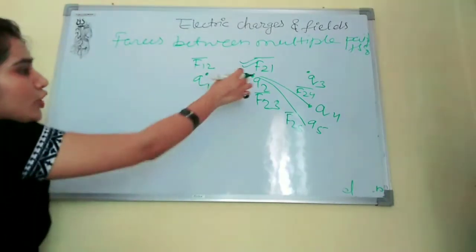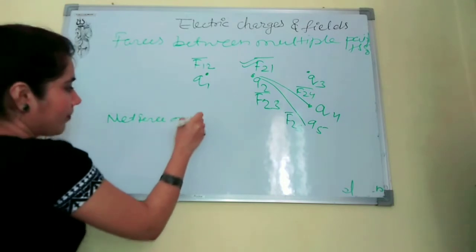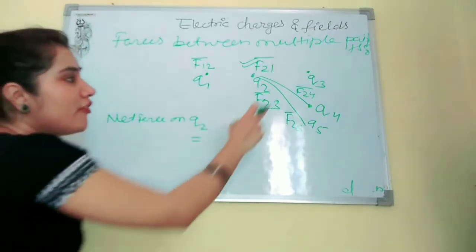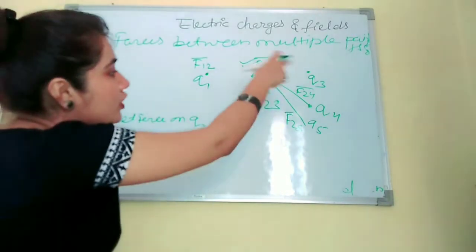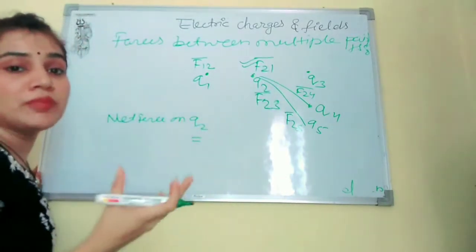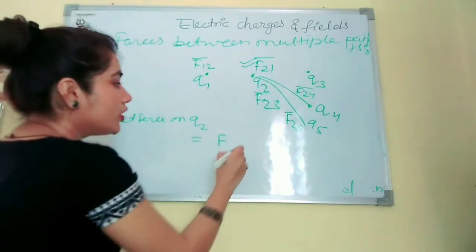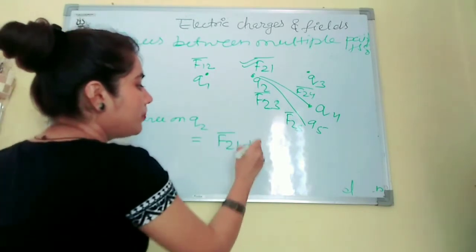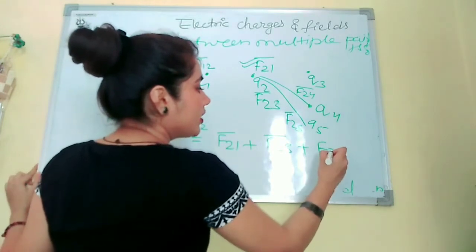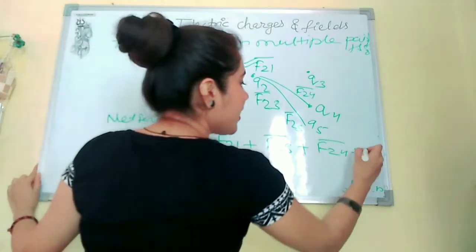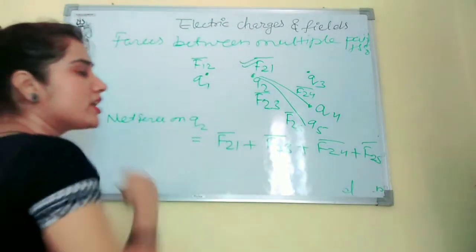The net force on Q2 will be the vector sum of all the forces applied by all the charges. So that will be F21 plus F23 plus F24 plus F25. This is the vector sum for all charges.